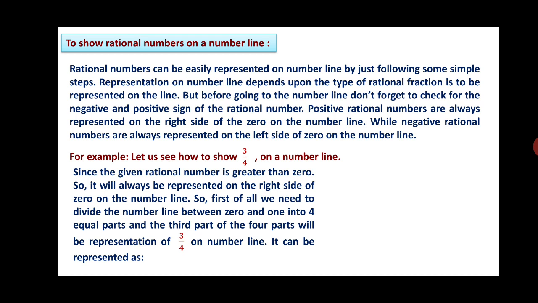It is shown in the adjoining figure. You can see the number line between 0 and 1 has 4 equal parts. The red dot indicates 3 by 4, which is the third part of the 4 equal parts. So 3 by 4 can be represented on the number line in this way.